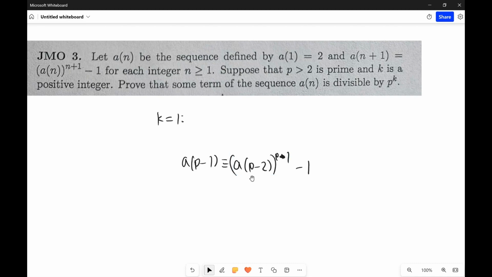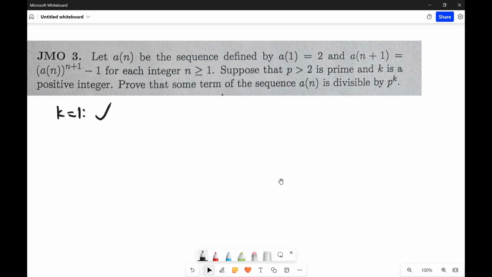If a(p-2) is divisible by p, then we just use that p - 2 to get that k = 1 works. Otherwise, we can use Fermat's little theorem to show that this thing here is congruent to 1 modulo p, and therefore this is 1 - 1, which is 0 mod p.